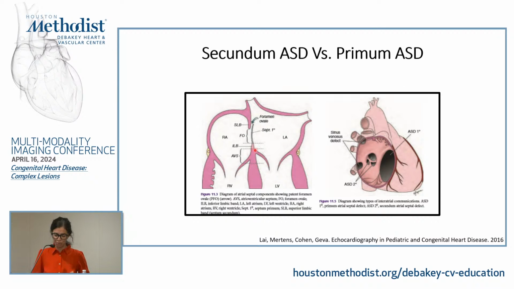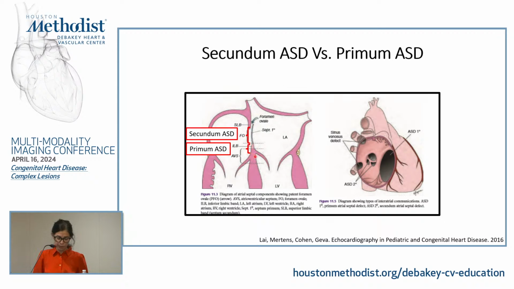Yes? Okay, good job, Rasha. So you can see them here: this is where a secundum ASD is usually located, and this is where the primum ASD is usually located, in very close proximity with the atrioventricular valves.